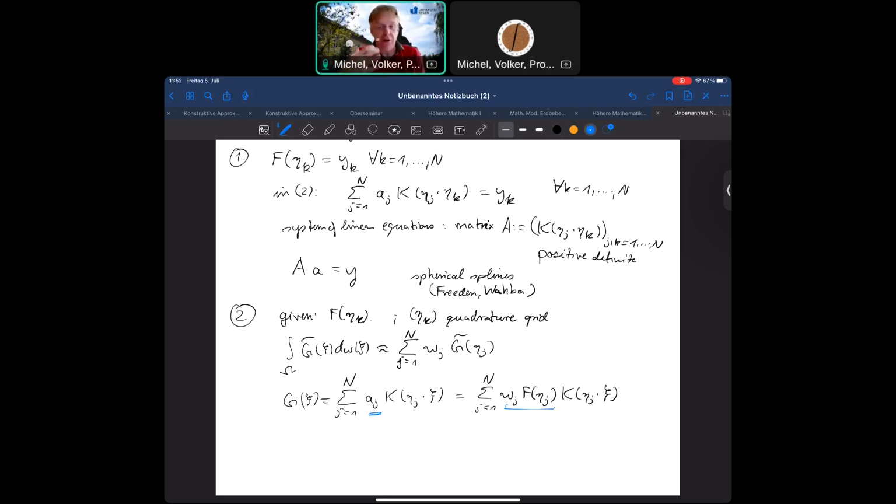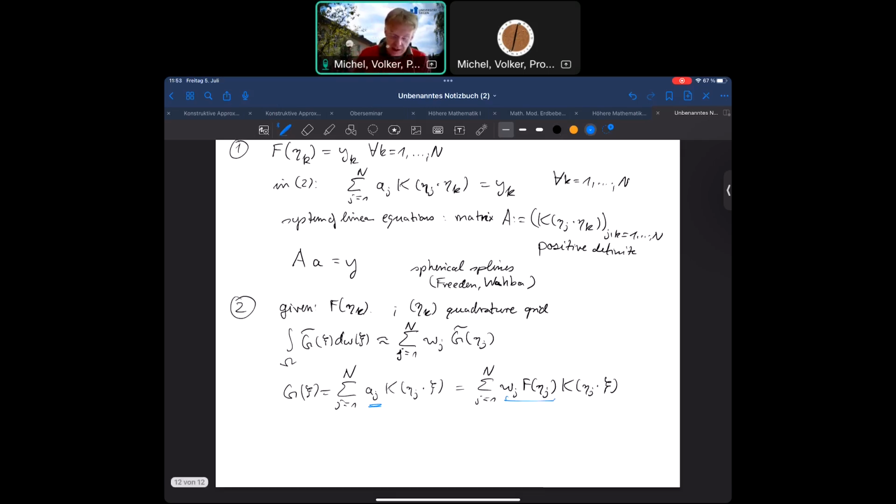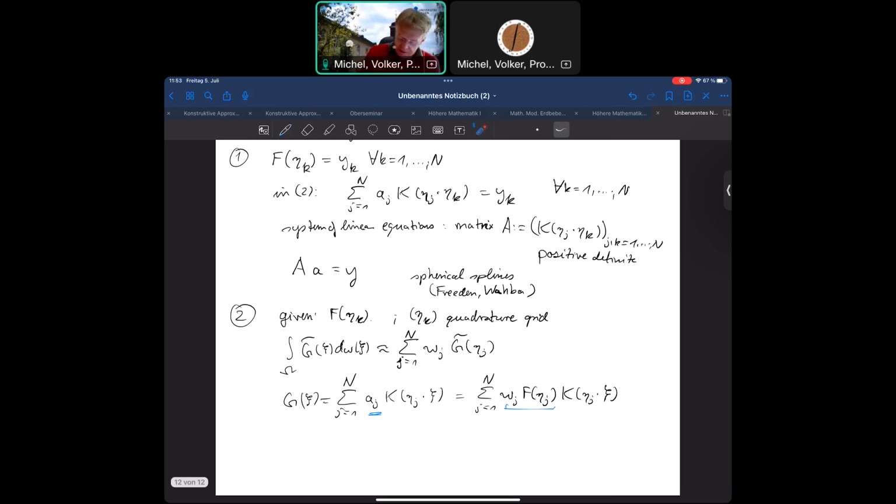So you don't solve a system of linear equations, but you just say, okay, my a_j are the quadrature weights, the w sub j, times the values of the function f measured at the points eta_j.